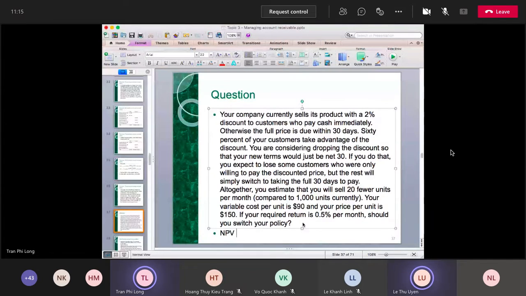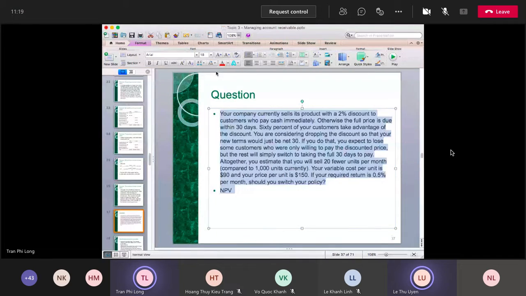Okay, so basically the NPV of the current policy equals, I calculated, 11,638,200.